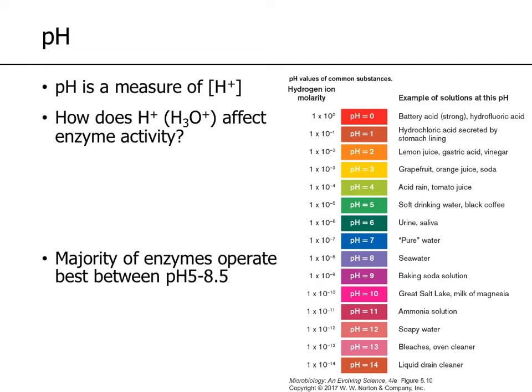All right, so the majority of enzymes operate best in this range, pH 5 to pH 8.5. But as you can see, and as you can imagine, there are many different pHs of different solutions that you could expect bacteria to live in.